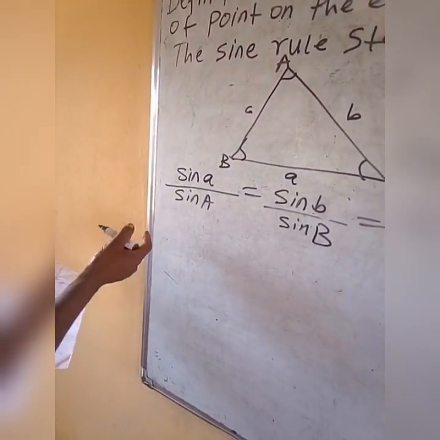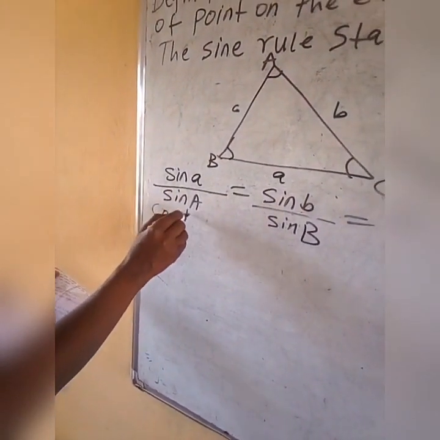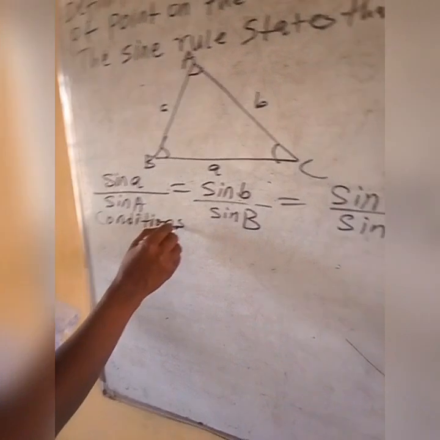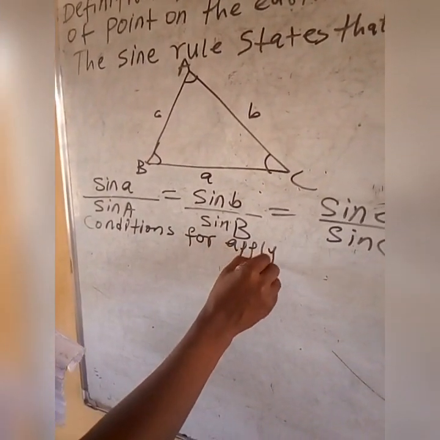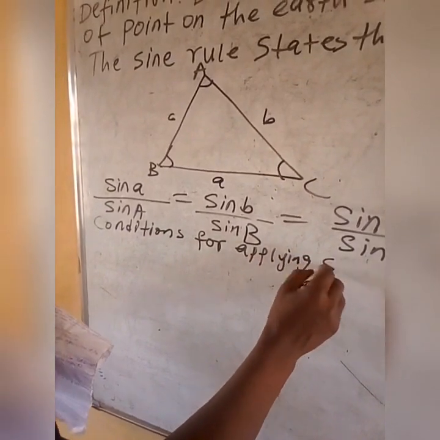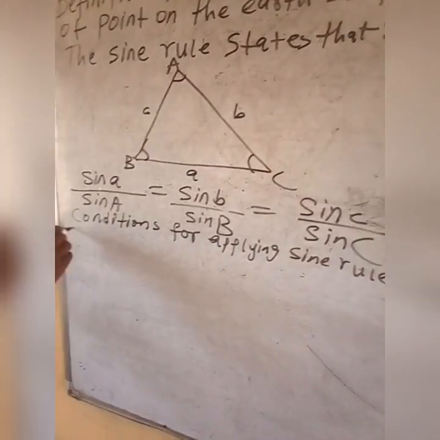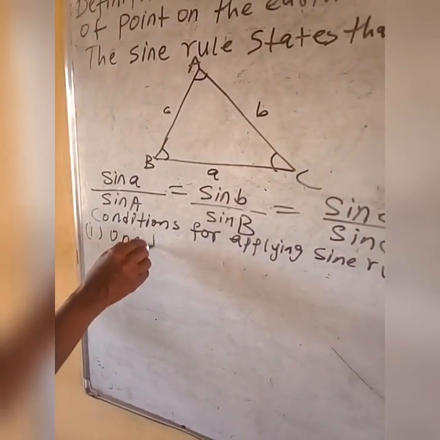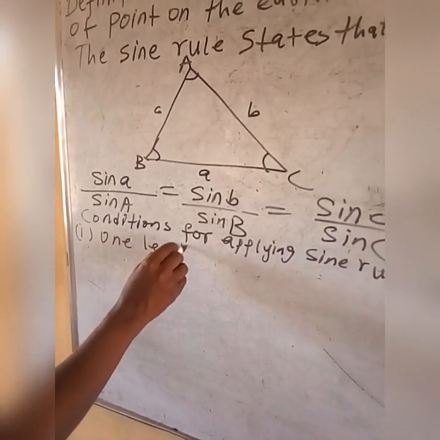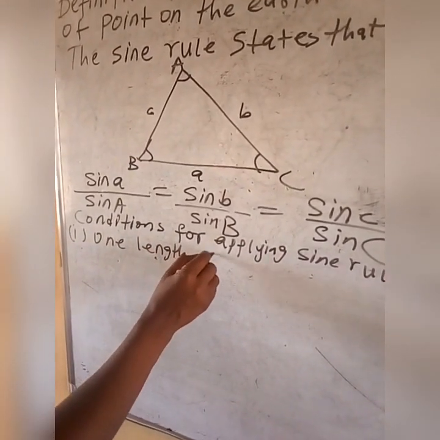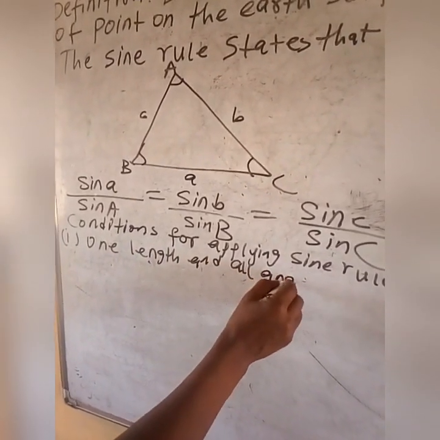Now, the conditions for applying the sine rule. First condition: one length and all angles.